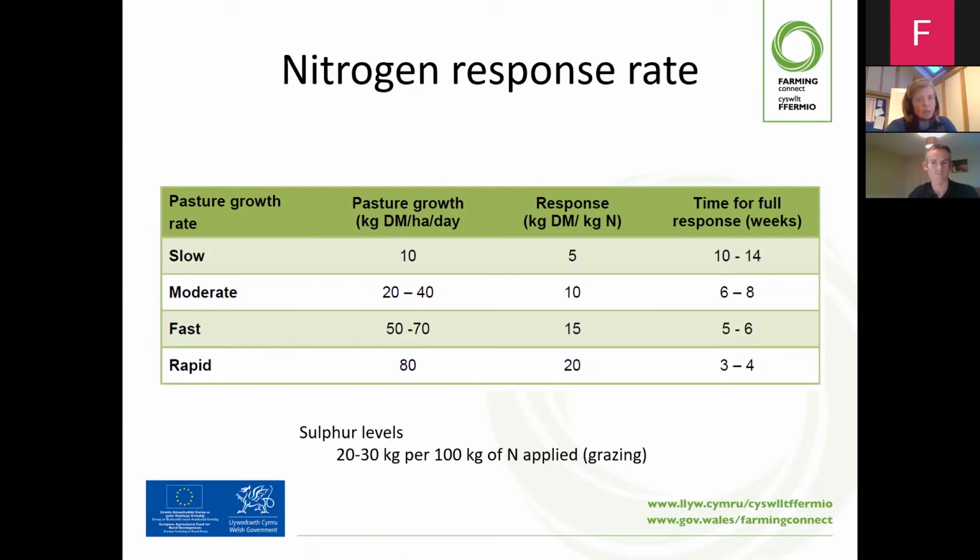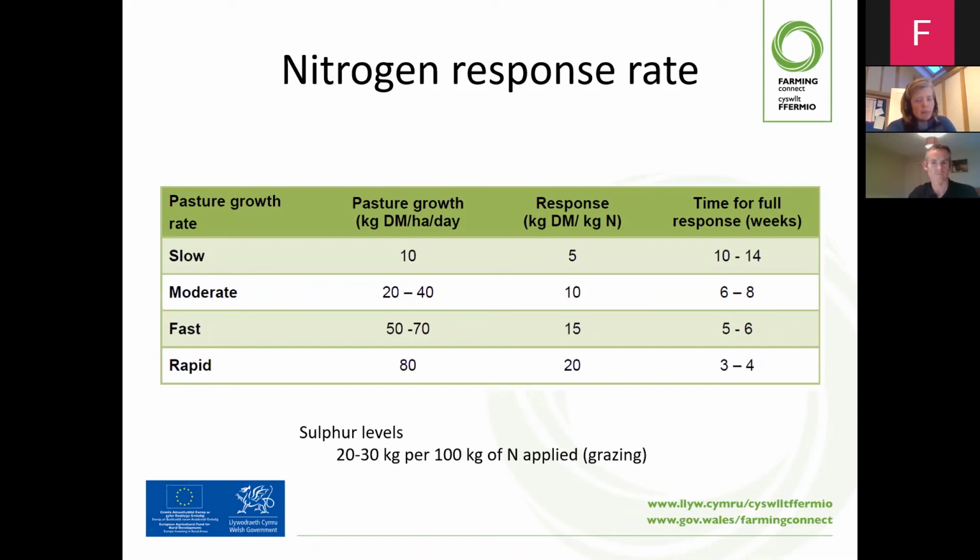If we put that nitrogen on earlier in the season, we might only get a 1 to 5 response rate. And as that grass growth starts to really increase into sort of middle of spring, we can get up as much as probably 1 to 15, extreme 1 to 20. So it's also return on investment. When you put nitrogen onto that rapidly growing grass, you will get that bigger response rate.